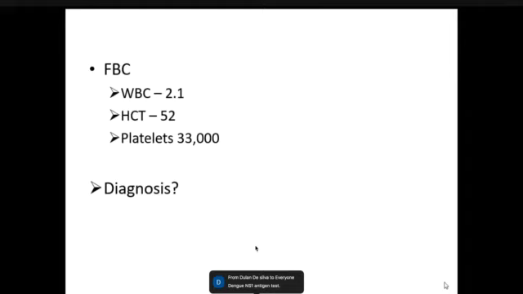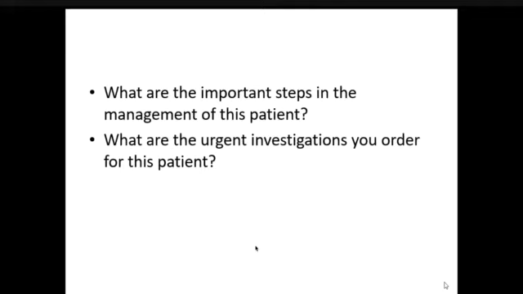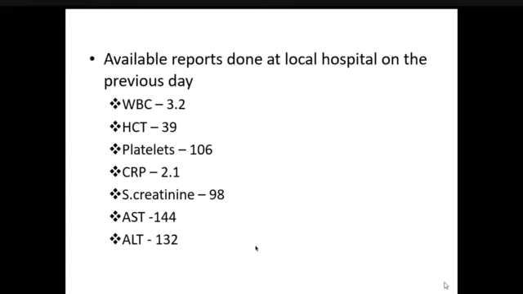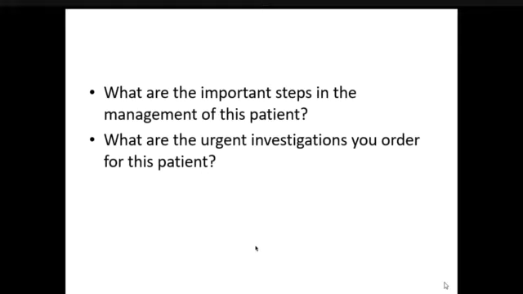Dengue NS1 antigen test, PCV, ultrasound scan, right? Okay. The count, we have to repeat the count here, right? So we have a count which was done the previous day with a platelet of 106, right? As you have mentioned already, the count is important as well as PCV, right?